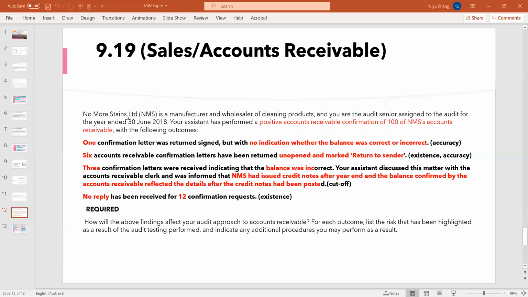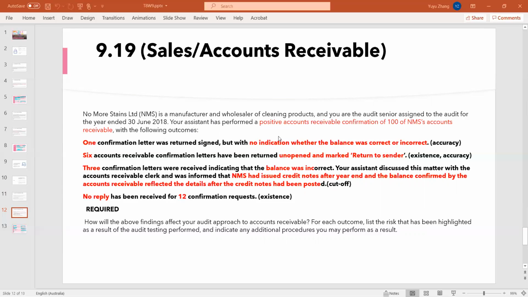So we have got the background information of this company, which is a manufacturer and wholesaler of cleaning products. And the assistant has performed positive accounts receivable confirmation of 100 accounts receivables with the following outcomes, right?